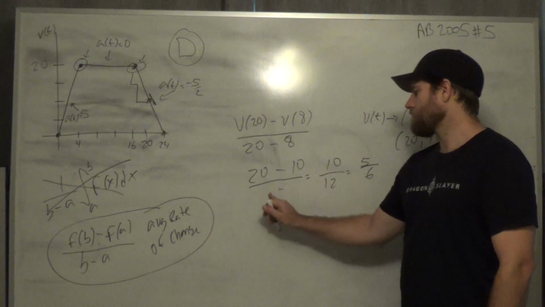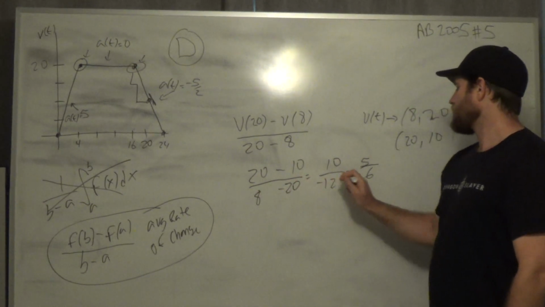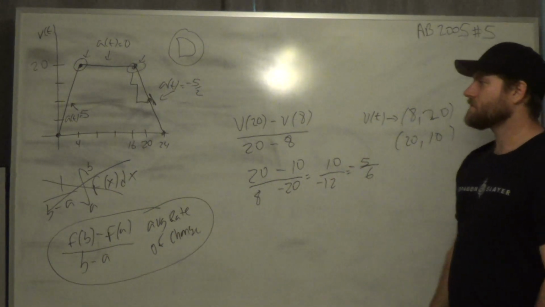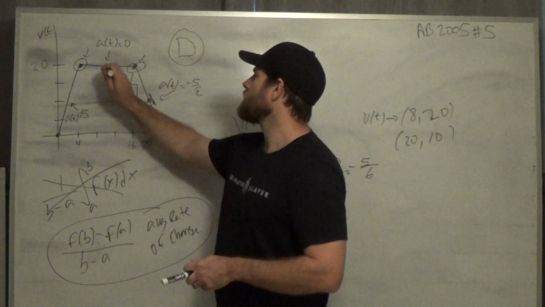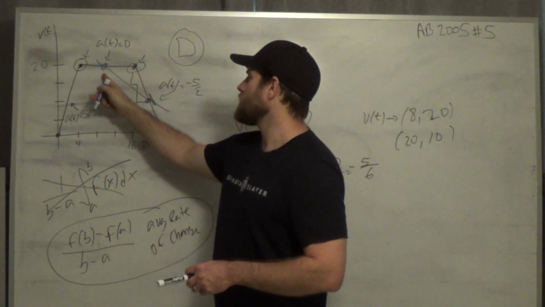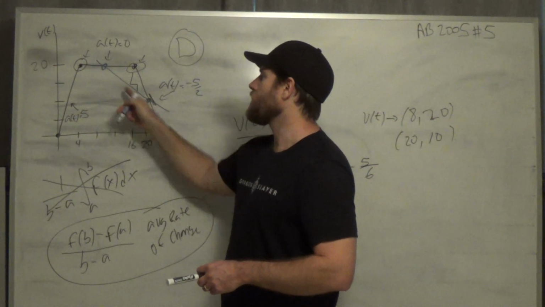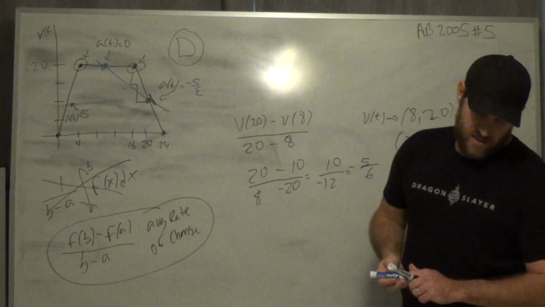Sorry about that. And I get negative 5 over 6. And take these two ordered pairs and look at these two ordered pairs. Does it make sense? I could have gone down 5 over 6, down 5 over 6 again. All right. So that's the average rate of change.